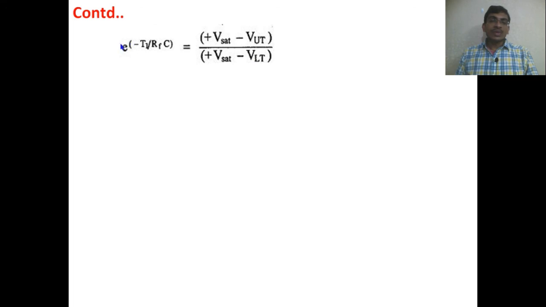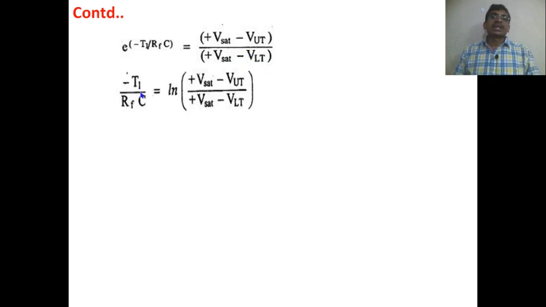Now, e power minus T1 by RFC is equal to plus V saturation minus upper threshold voltage divided by plus V saturation minus lower threshold voltage. This power value can be obtained by taking the natural logarithm, ln, on both sides. So ln and e will get cancelled.